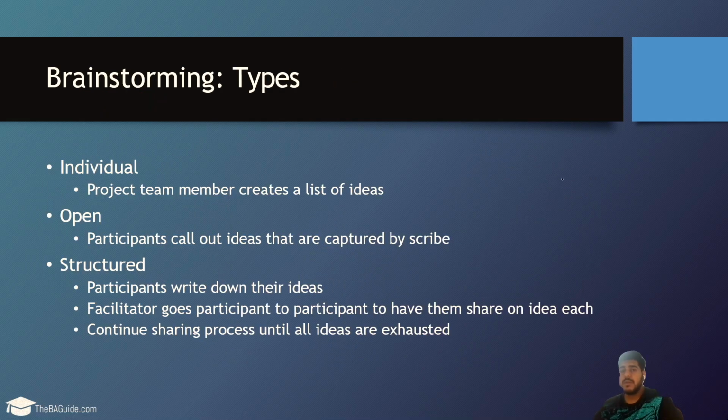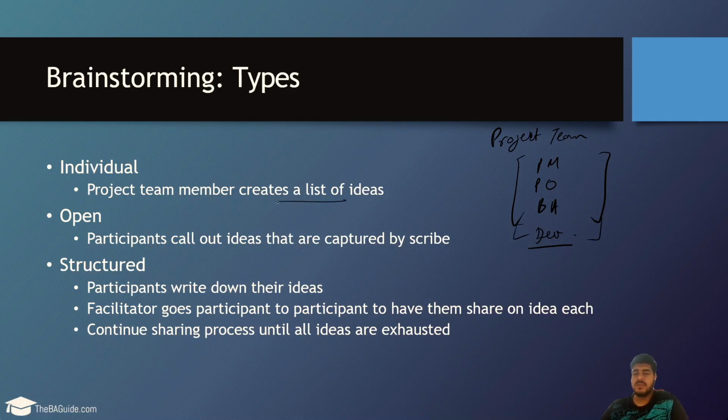What happens in the workshop? The entire project team sits together, including the project manager, the product owners, the BAs, and sometimes the developers as well, to understand the problems and how we can figure out a solution.